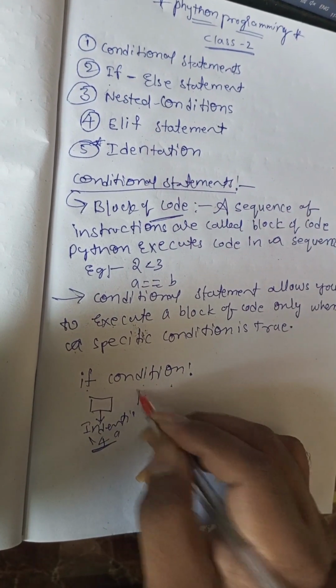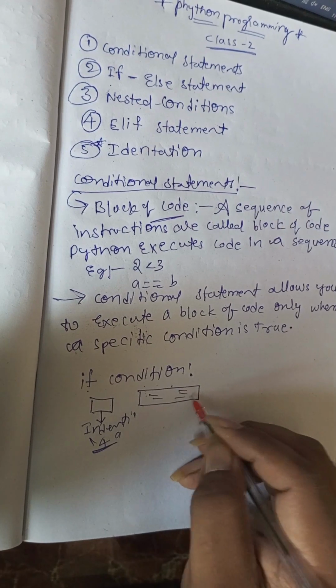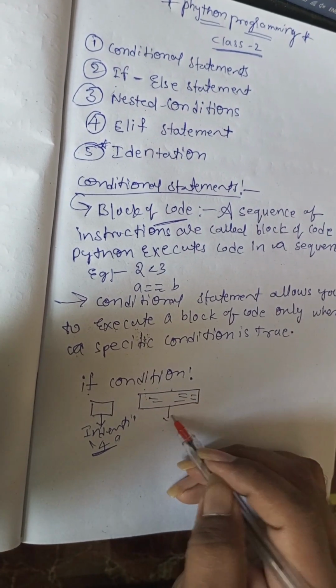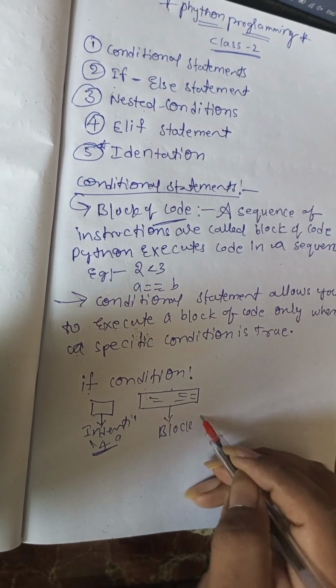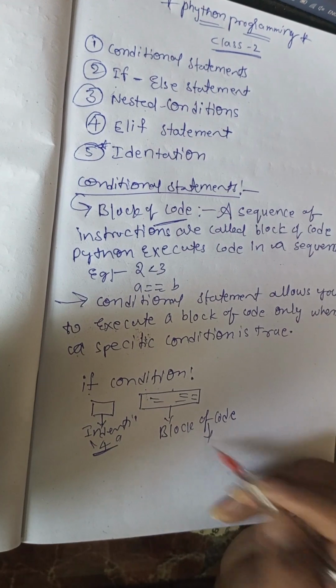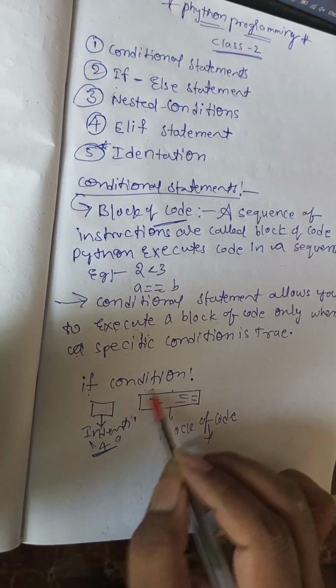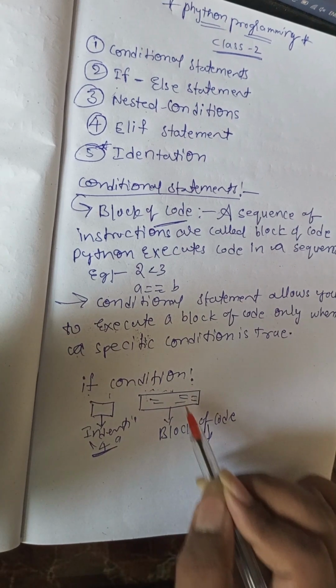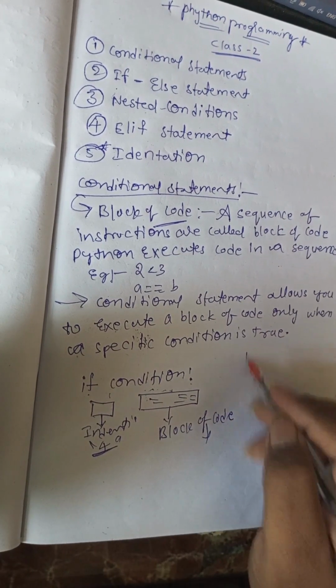Okay, here writing a block of code. This is called block of code. Block of code is to execute. This is called if condition. If condition allows to execute a block of code only when a specific condition is true.